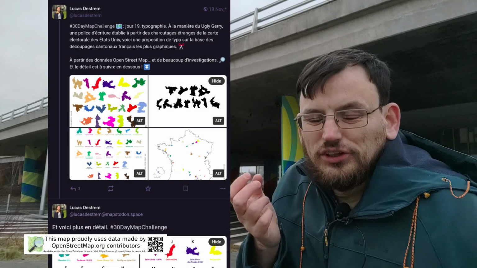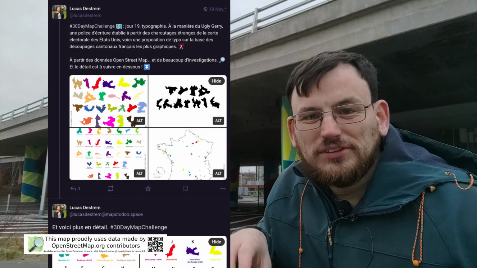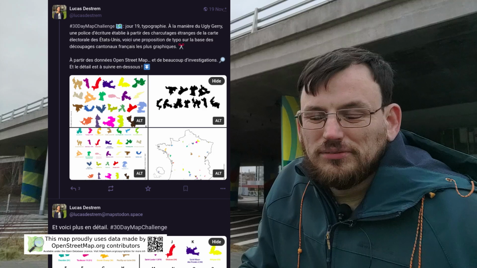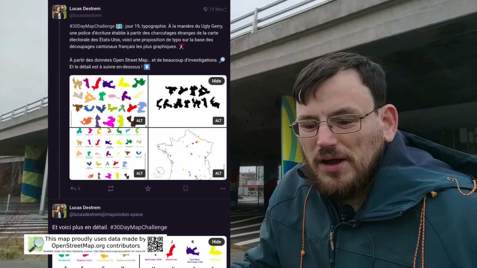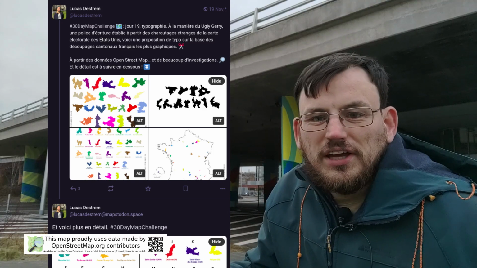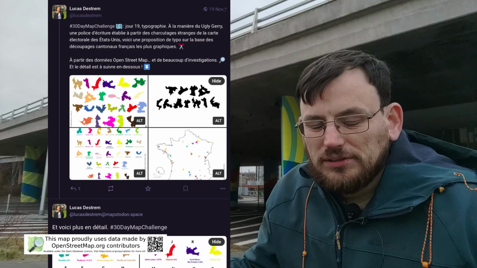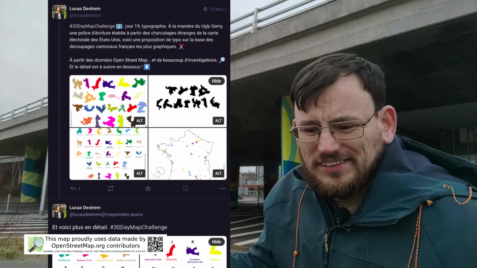Day 19 is typography. So yeah, starting with this one that I've got here, this Lucas, instead of putting typography onto the map, letters onto the map, as some people do, he used the map geographic areas, inspired by a similar project that I think did it in the US.